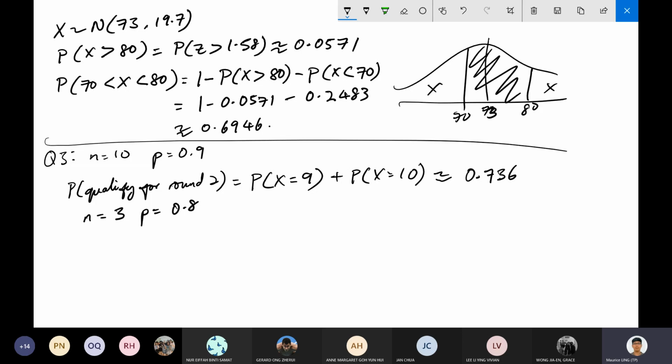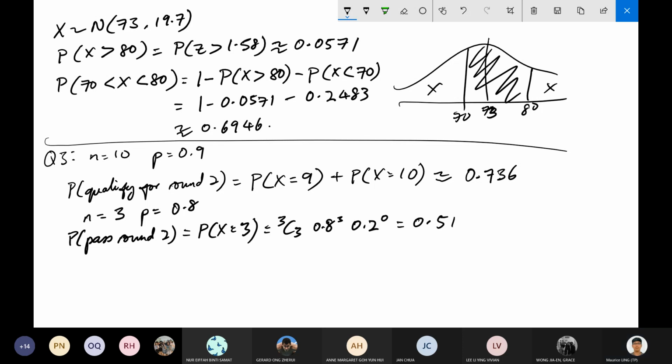So assuming they are over the first round, to pass round 2, you actually need all 3 of them to pass you. So then it is 3C3 times 0.8 to the power of 3, times 0.2 to the power of 0, that gives you 0.512. That's assuming that you pass the second interview.